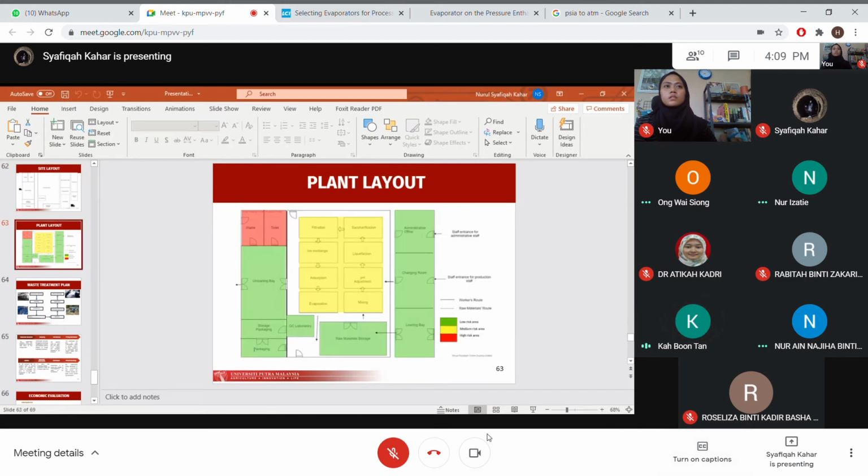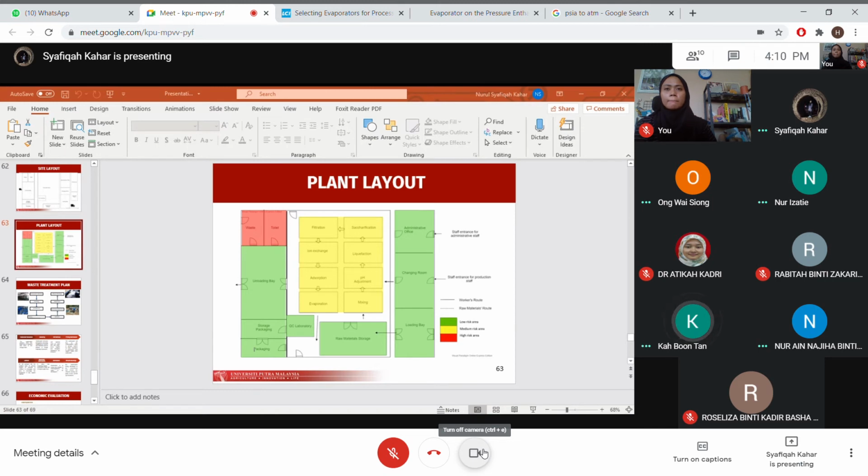I noticed that some of your equipment, like the evaporators, go up to 15 meters. So 15 meters is slightly less than 7 stories high.